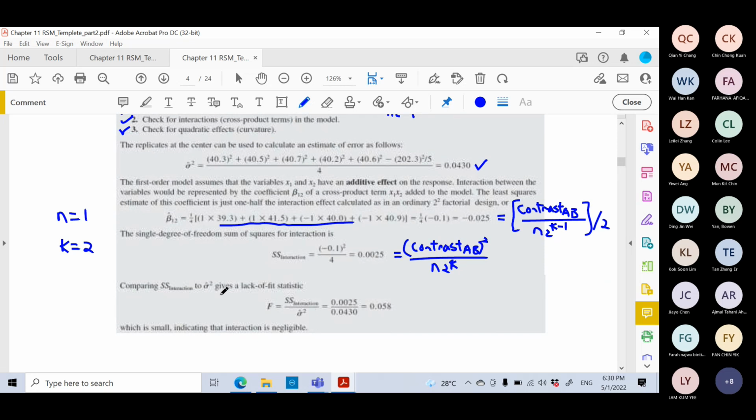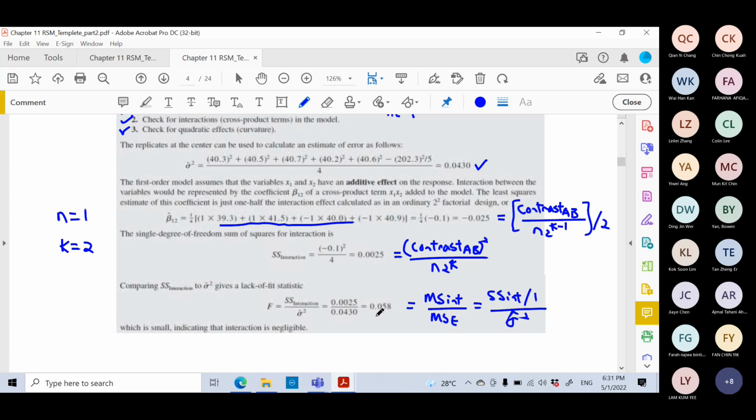This one carries out the test that you have learned before in the ANOVA table: the sum of square for the interaction divided by the MSE. This one will actually equal the MS for the interaction divided by MS for the error. The MS for the interaction will be the sum of square for the interaction divided by the degree of freedom, which is 1, over the MSE, where your estimate will be given by sigma square. So this one is what they mean by the F there.